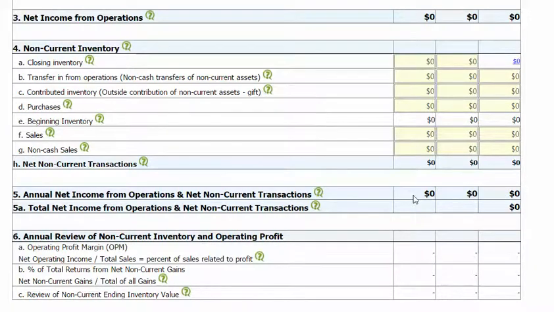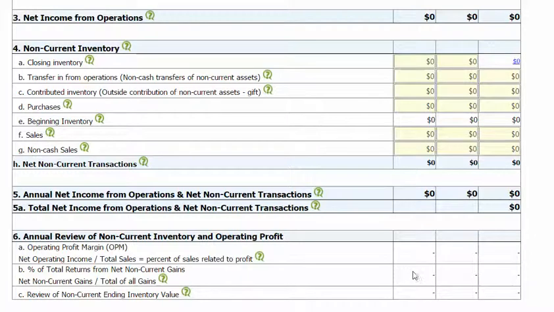Because we realize and know that line item 5 should rarely be a positive number. If it is a positive number and it's a large section of your net income, that's a huge red flag in terms of possible appreciation of assets.